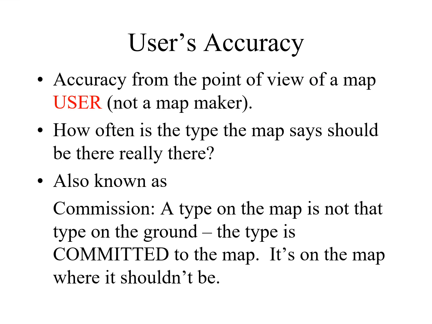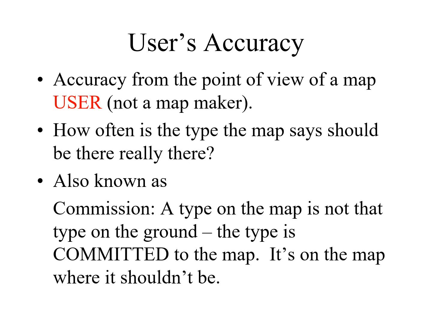User's accuracy. So accuracy from the point of view of a map user, not the map maker. So the only thing that the map user can see is the map classes that are on the map, essentially. And the question that the user has is, how often is the type the map says really there, right?